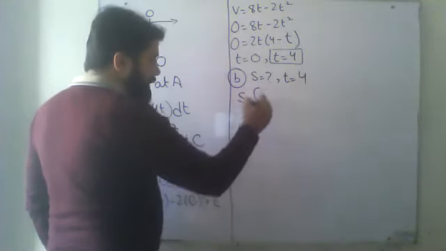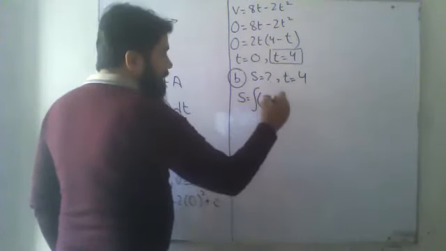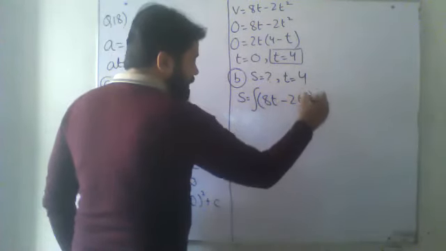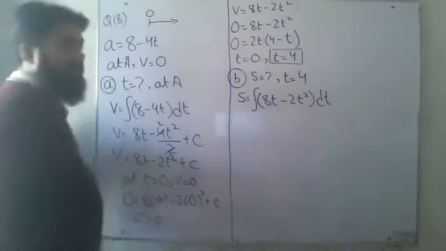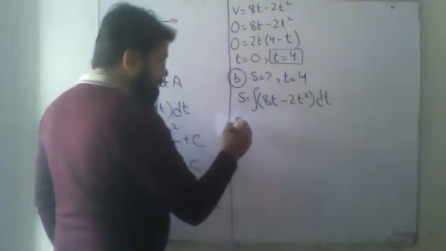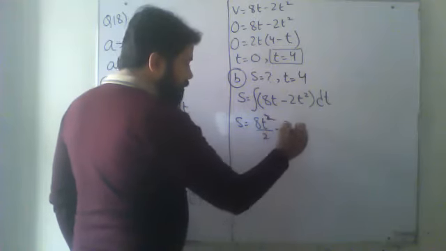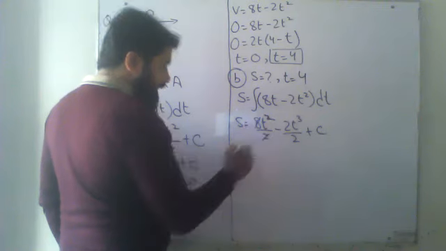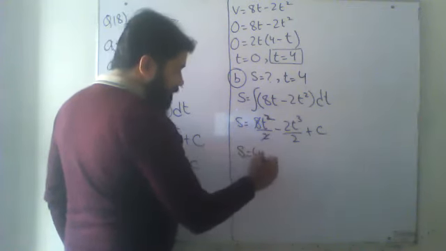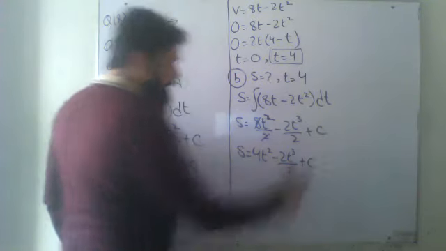Displacement equals the integral of 8t minus 2t square with respect to time. I'm integrating the velocity equation to get my displacement. That gives 8t square over 2 minus 2t cube over 3 plus c. Cancelling, 4t square minus 2t cube over 3 plus c.